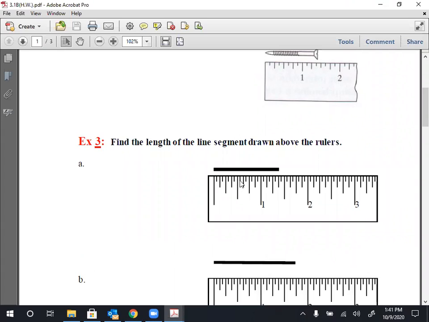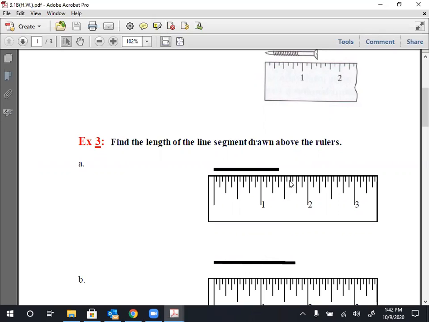Except in that picture, there's more than 8 marks. There are 16 marks. So it's 1 and how many marks? How many marks past the 1?